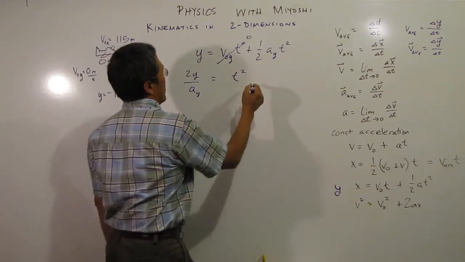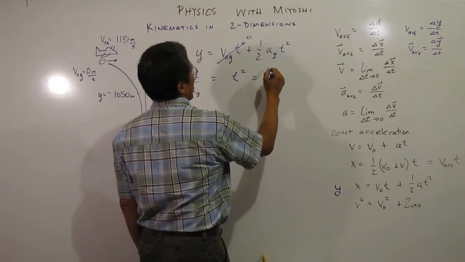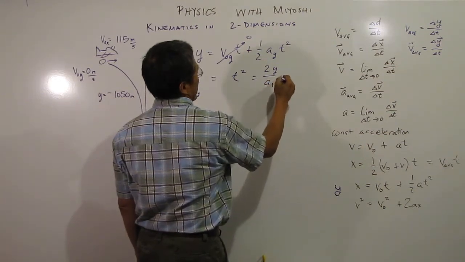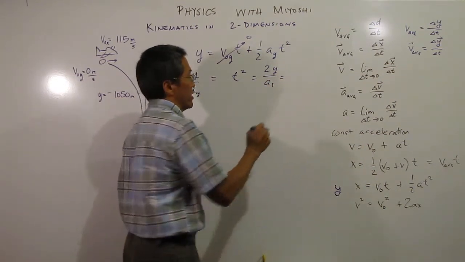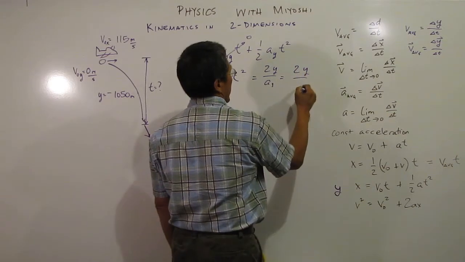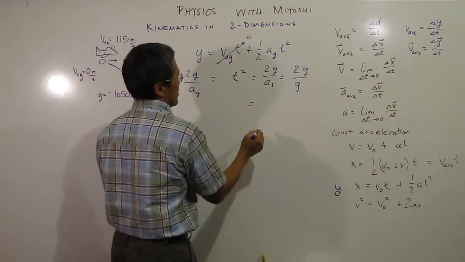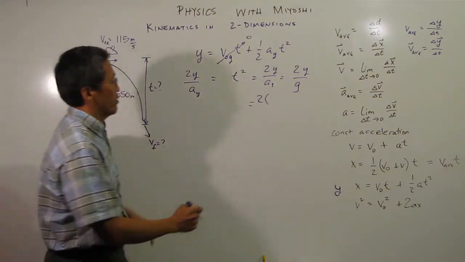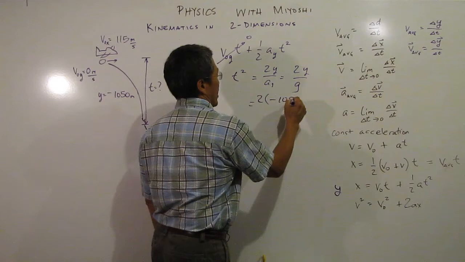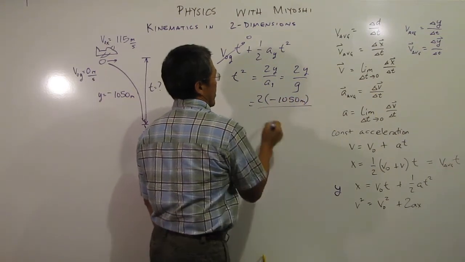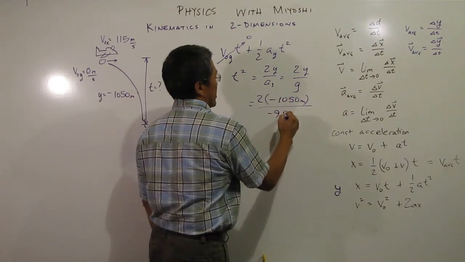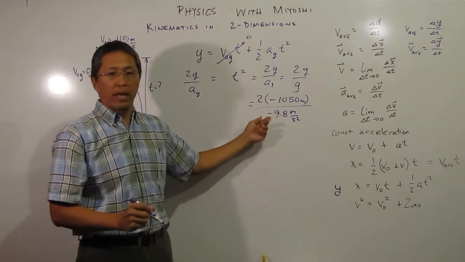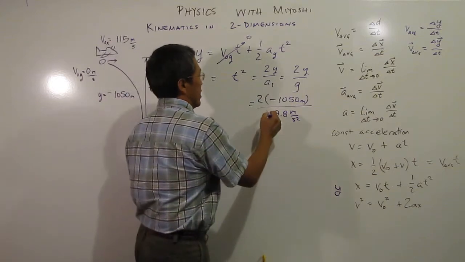Now, in this case, ay is just gravity, so we have 2y over g. So t squared is 2 times y, which in this case is negative 1050 meters, over gravity, negative 9.8 meters per second squared. Again, the negatives are because it's going down, acting toward the ground.